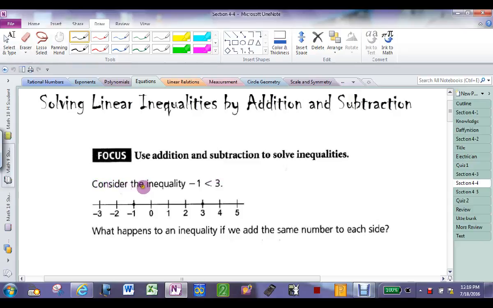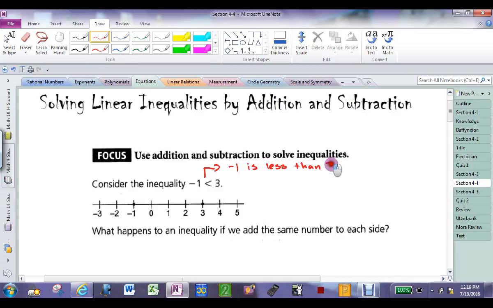Consider this inequality. First of all, what does that say in English? Negative 1 is less than 3. Now, is that true? Yes. Why? Negative 1 is a smaller number than 3. Not quite.